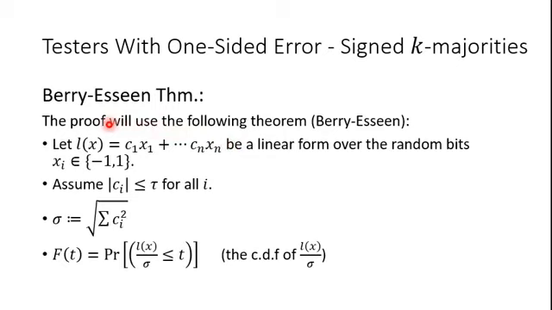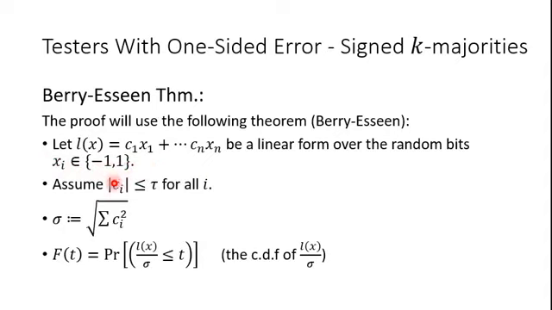So before we can prove the lemma, we need to look at the Berry-Esseen theorem, which we will be using to prove this lemma. So let L(x) equal c_1 x_1 plus and so on, plus c_n x_n, be a linear form over the random bits x_i in {-1,1}.